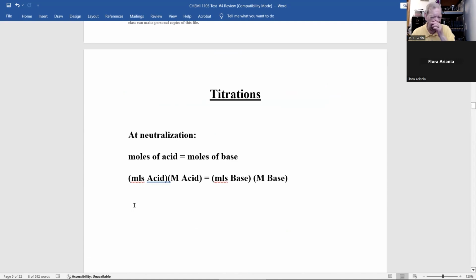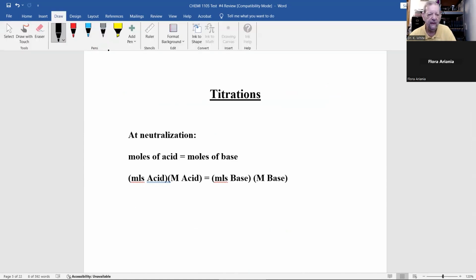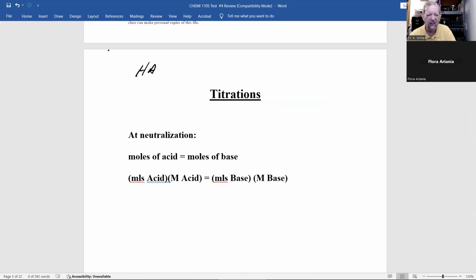Now, an important thing is the titration. When you add an acid to a base, HA is acid, B is base, there's a reaction, proton transfer, you get a salt. And this is a neutralization reaction, because if you add an acid and you add a base, the pH at a certain point will go to 7, neutral pH.